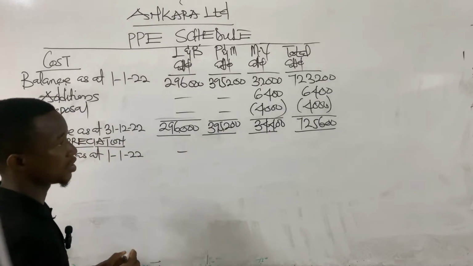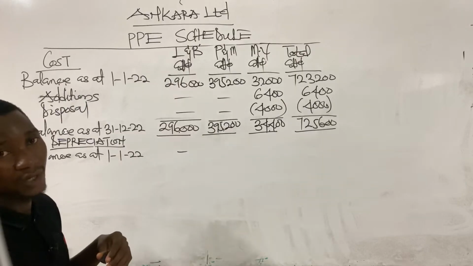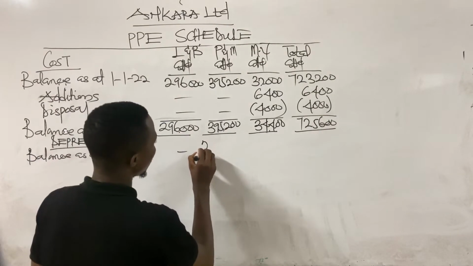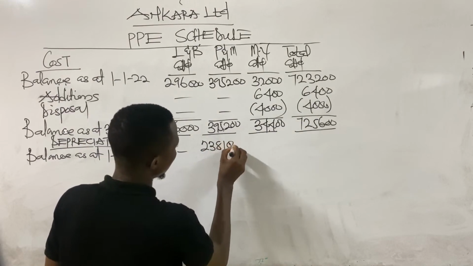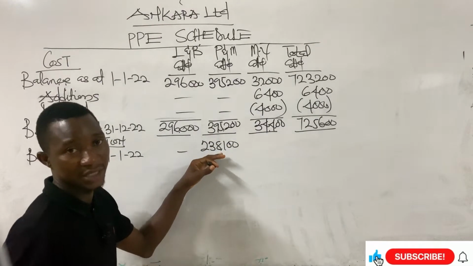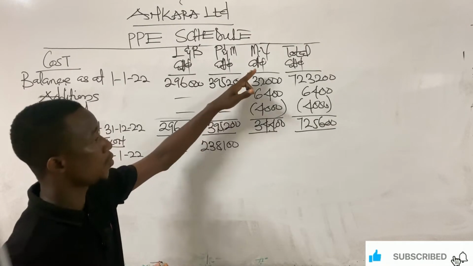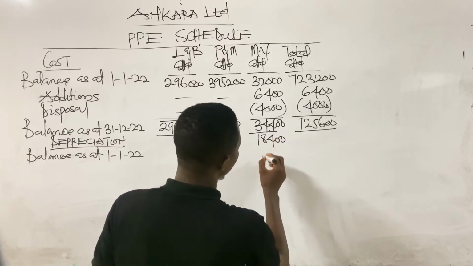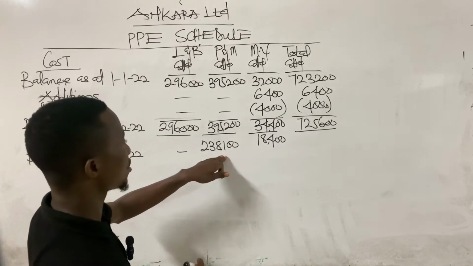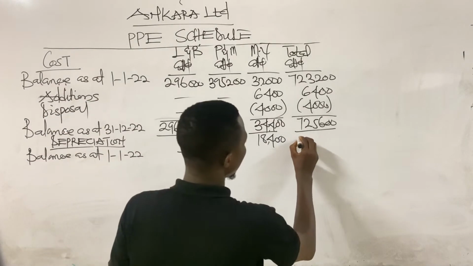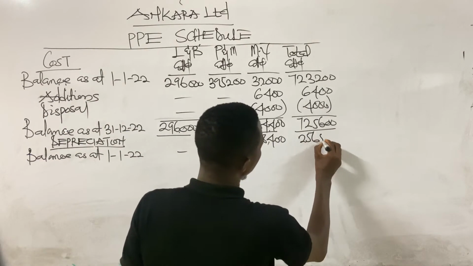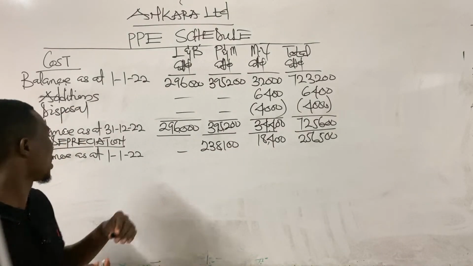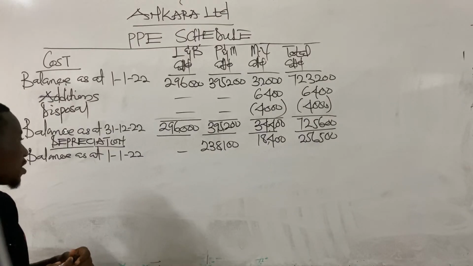But for plant and machinery, we have 238,100, being the accumulated depreciation. That is the opening balance. For motor vehicle, we have 18,400. When we add these two, it will give us a total of 256,500.